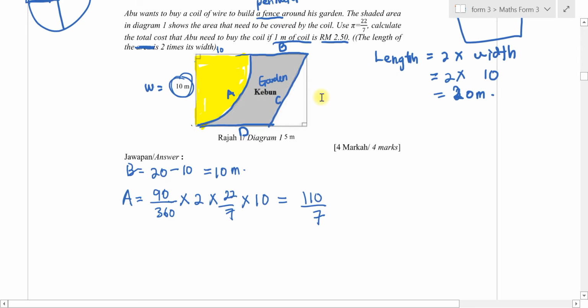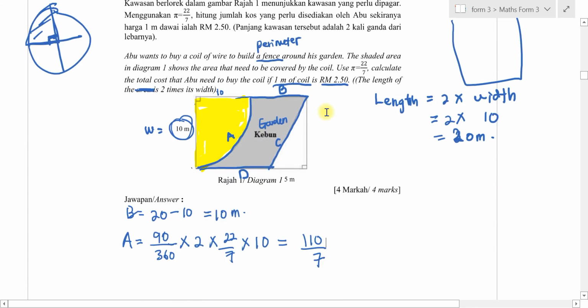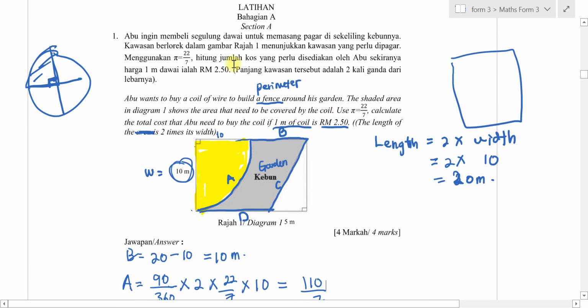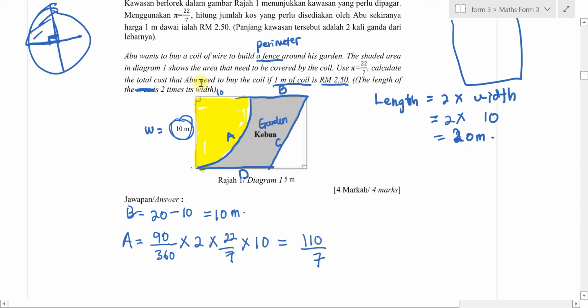A and B are already settled, but C and D, they never give you anything to do that. Let me go through the question. Calculate the total cost. The length of the area. Which area are they talking about? Kebun, is it?